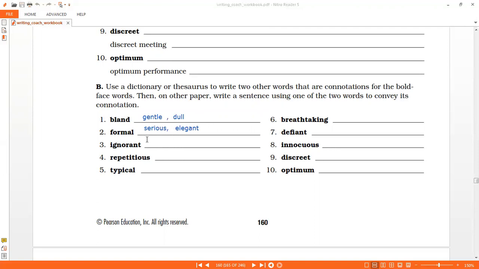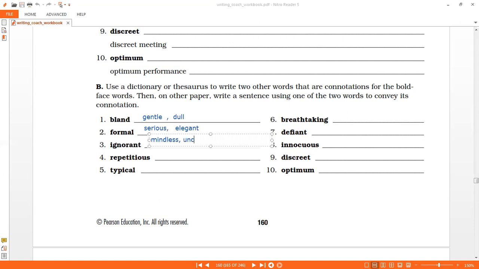Ignorant is someone who is unaware, mindless, or uncultured.